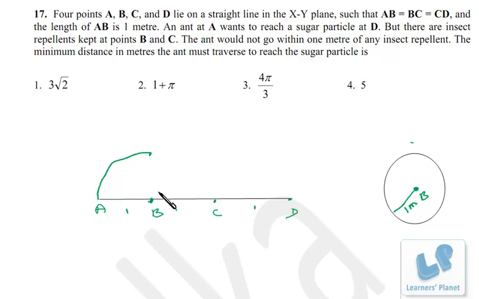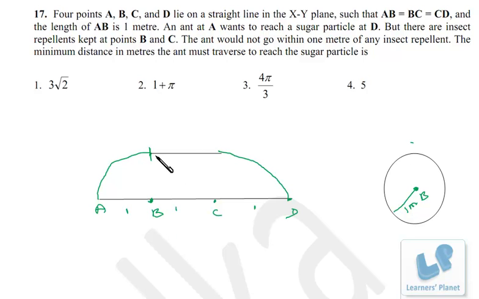So from B to C, she has to cover the straight line path, right? So this is the curved path, this is a straight line path. After that, it has to reach D. Again, she can take the curved path, right? I draw a neat diagram over here.